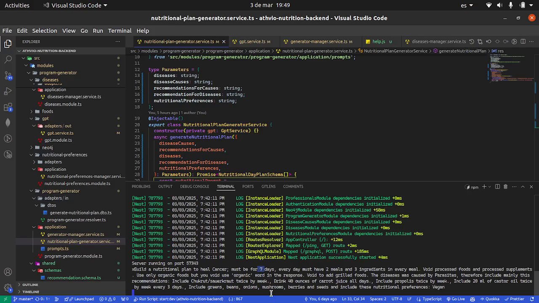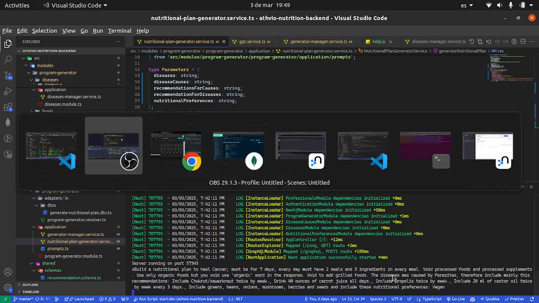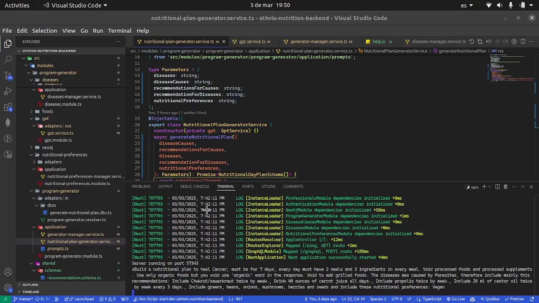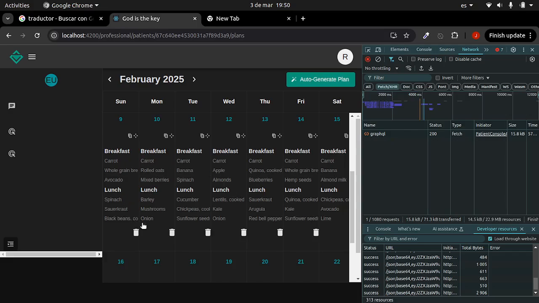Every day must have 2 meals and 3 ingredients in every meal. As you are seeing, 2 meals per day, breakfast and lunch, with 3 ingredients in every meal.